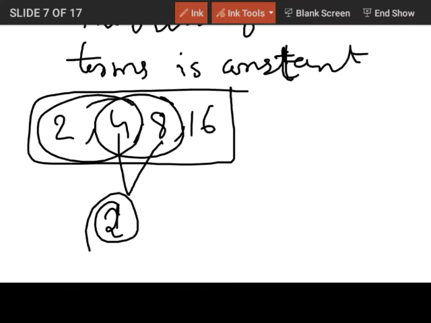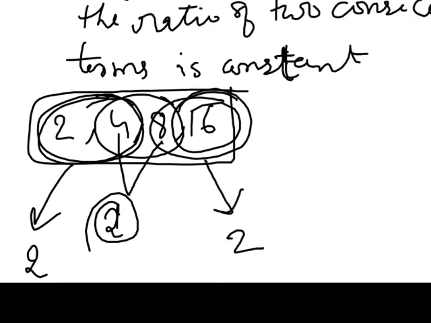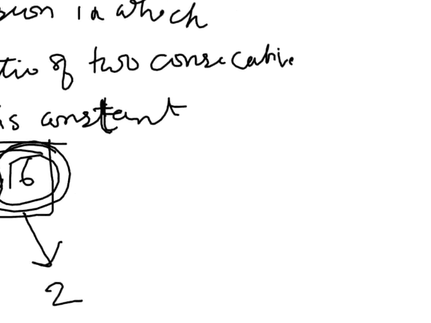And similarly, if you look at this pair here, the common ratio is 2, and here also 8 and 16, the common ratio is 2. So we can say that this is a GP.